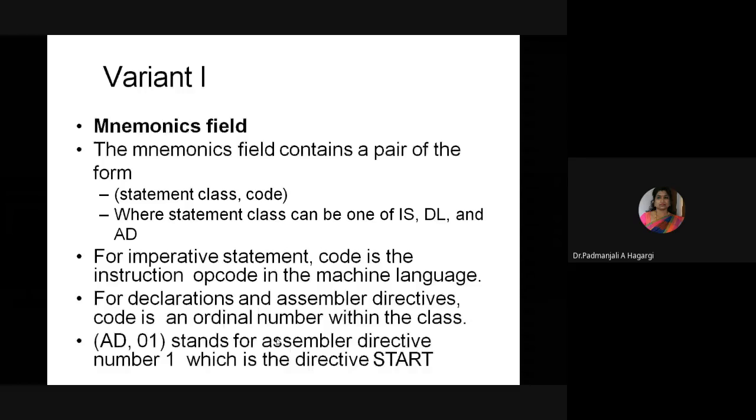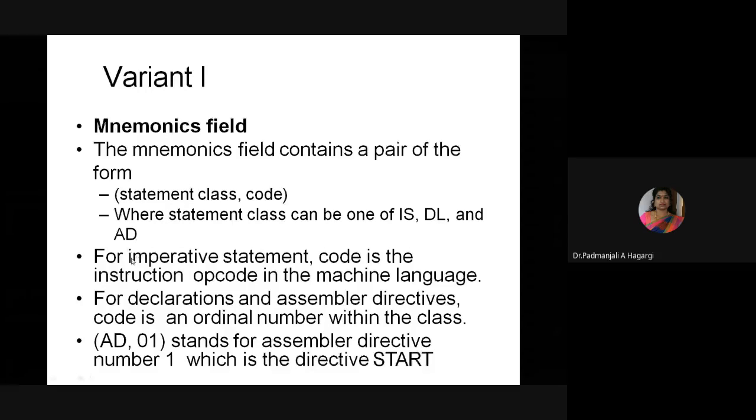In one variant, the first form, the mnemonic field contains a pair of the form statement class and code, where the statement class can be imperative statement, declaration statement, or assembler directive.